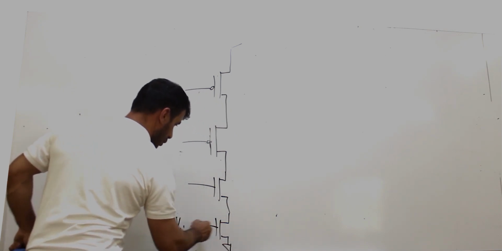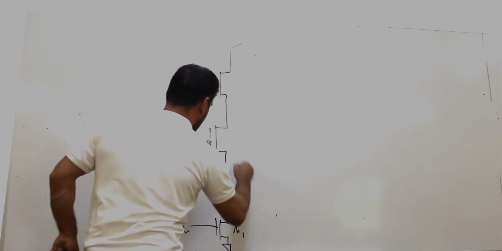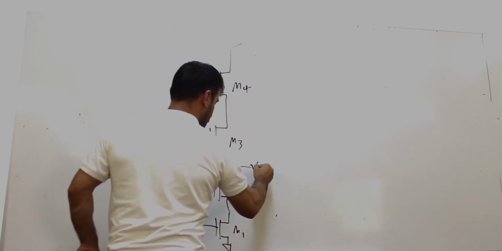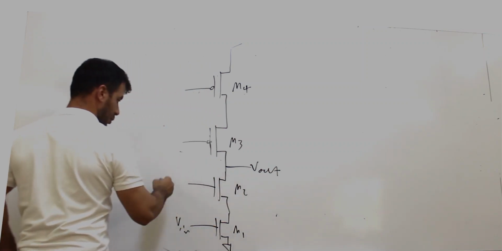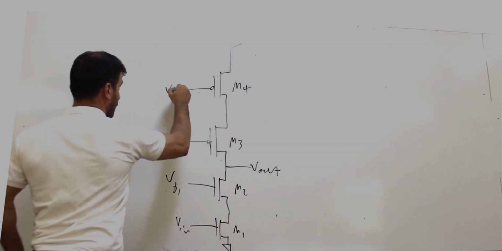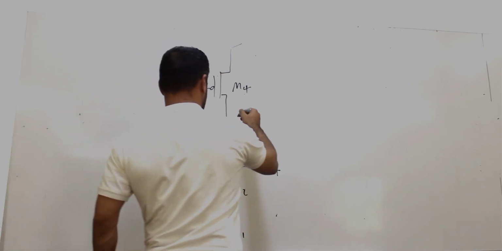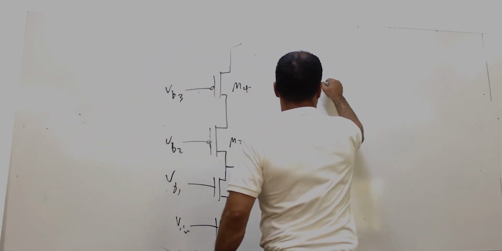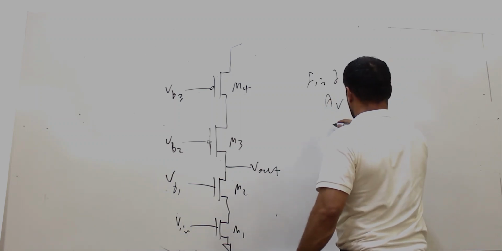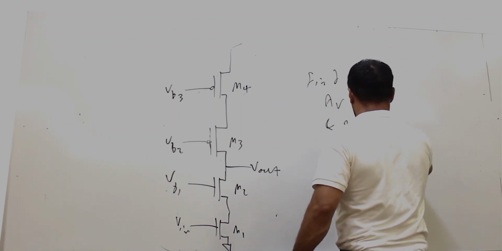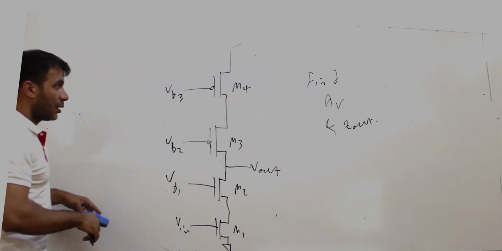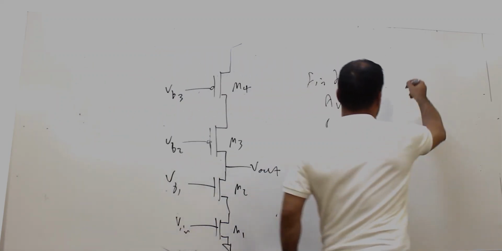Then M1, M2, M3, M4. This is the output. VB1, VB2, VB3. Find the AV. And this is the output. This is the first figure. The second figure is going with this one.